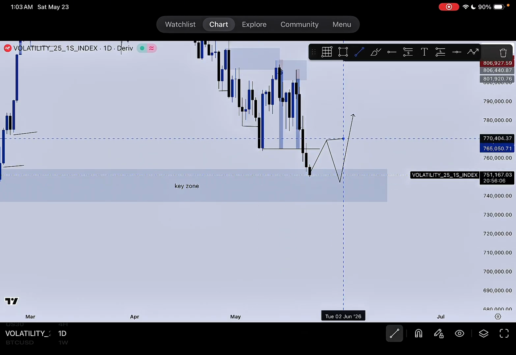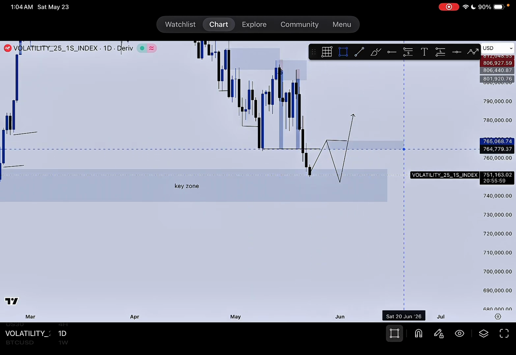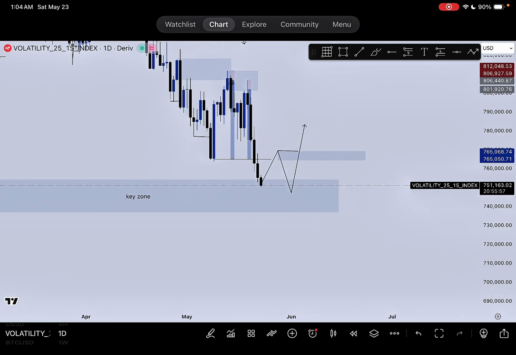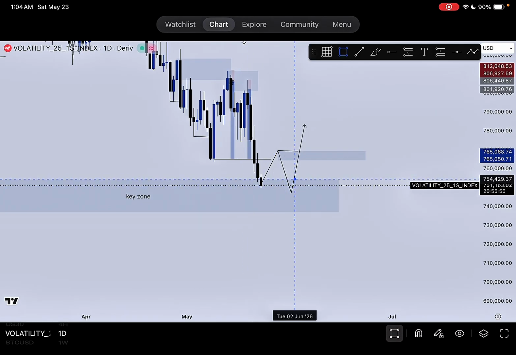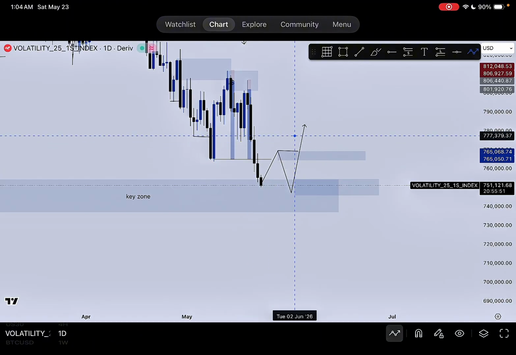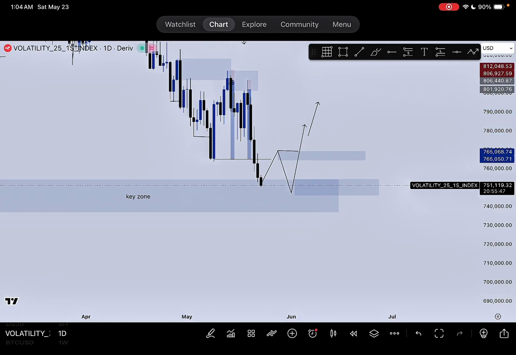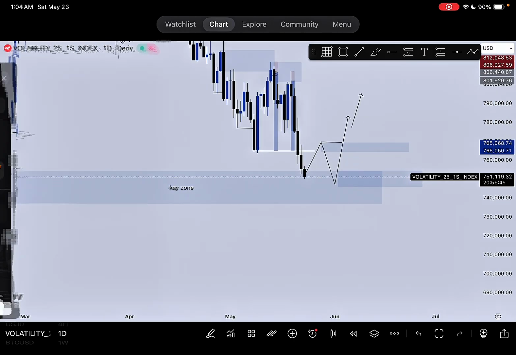Then if I should get my MSS, I'll either position for a buy at this breaker block or at the other block, depending on how the market reacts from this zone. That's what will determine if I'm to buy or to sell.